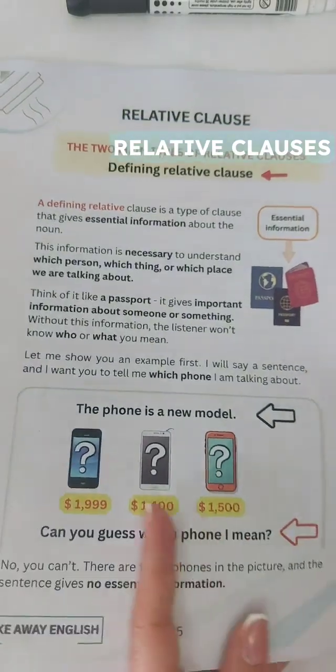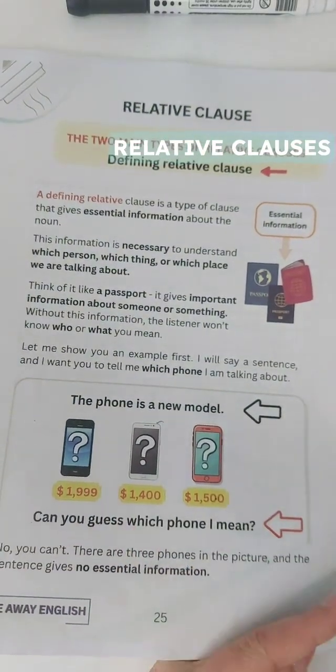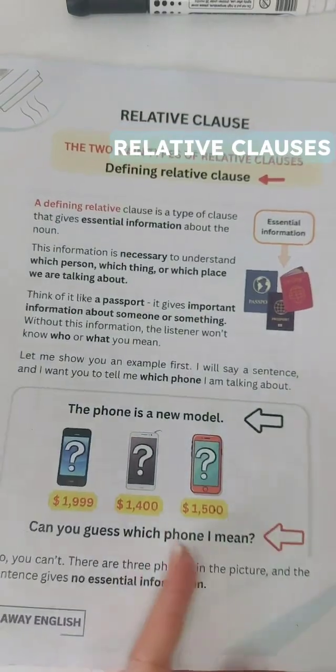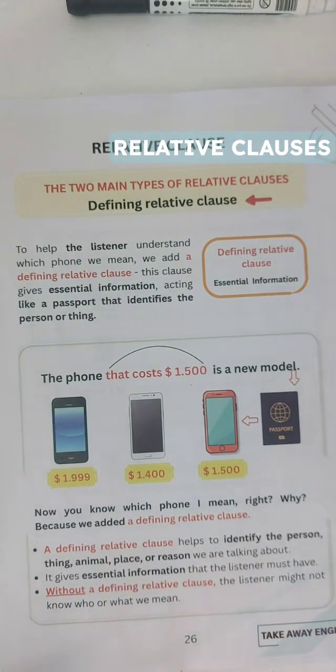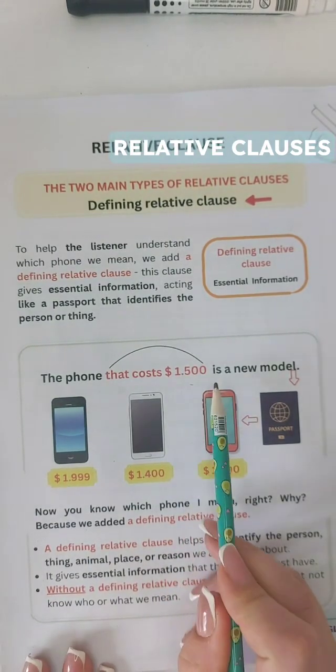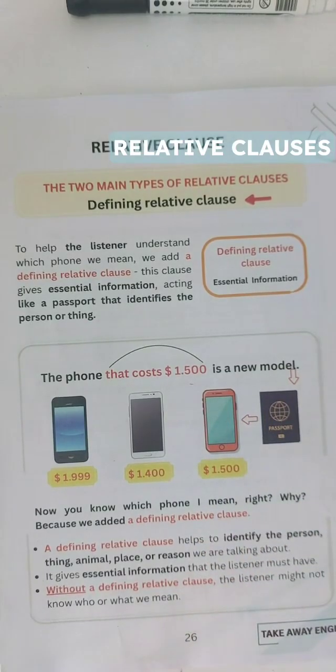Now let's add essential information, defining relative clause. The phone that costs 1,500 is a new model.